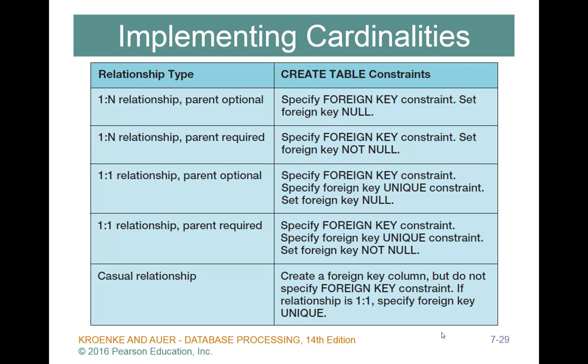In contrast, if we have a one-to-one relationship where the parent is optional, we need to specify a foreign key constraint, then specify the foreign key unique constraint, and then set the foreign key to null. So this gives you a basic breakdown of what you need to do for each type of cardinality situation as far as implementation.